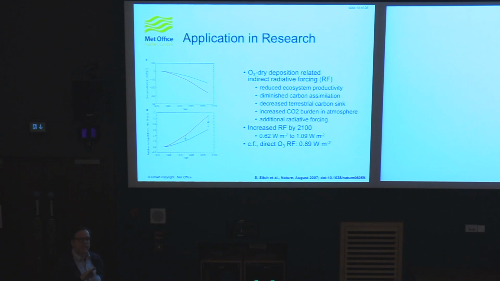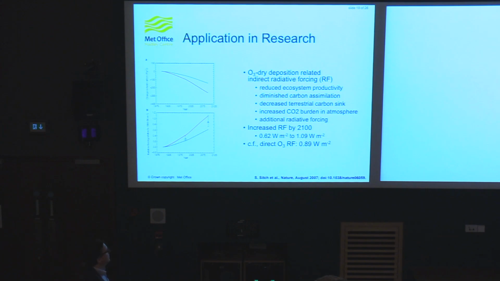So the IPCC consensus, the most likely value, of the ozone, the direct... Oh, sorry, I'm making a mistake here. This is the future forcing. I was thinking of the present day forcing. So the 0.45 watts per square meter is the present day ozone radiative forcing, and the 0.89 watts per square meter is the future 2100 ozone radiative forcing.